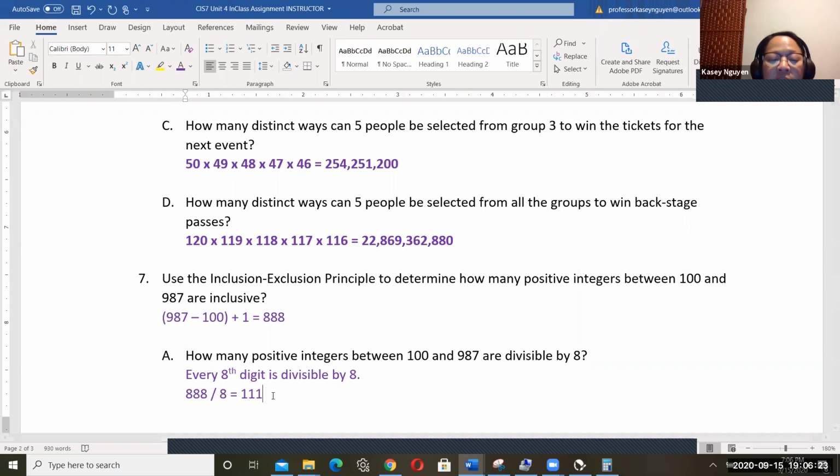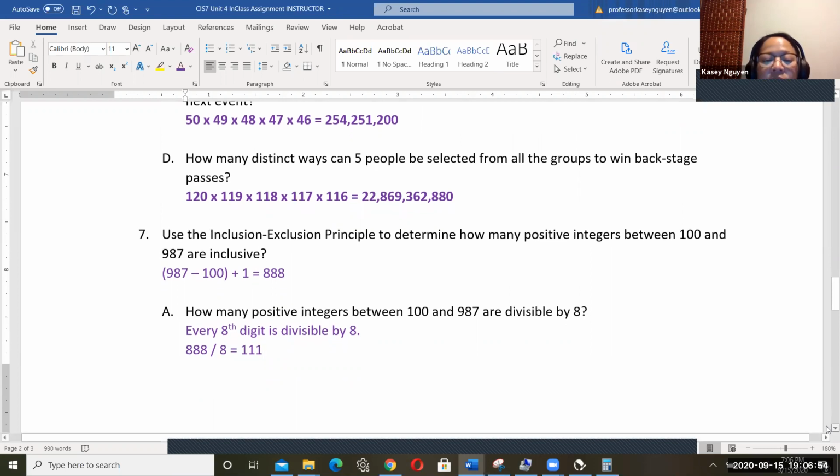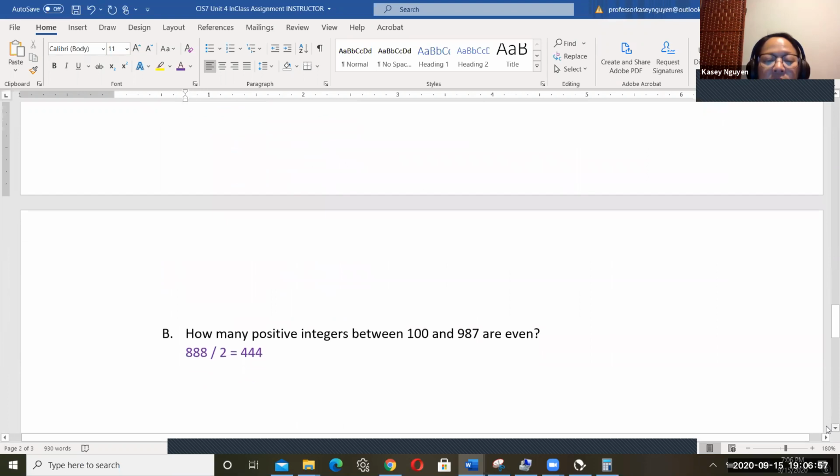So 111 positive integers between 100 and 987 are divisible by 8. Okay. Any question on number 7A? You can also refer to the example, it's similar.